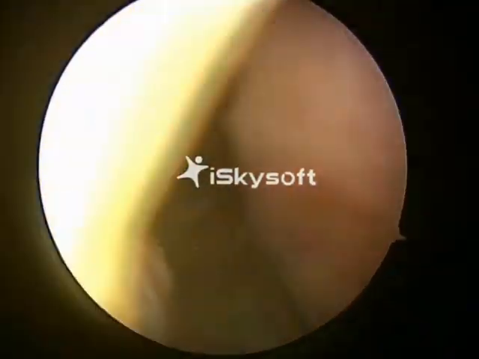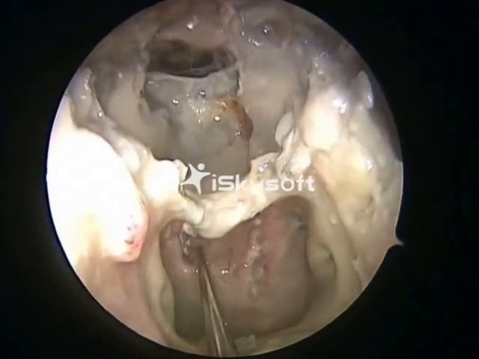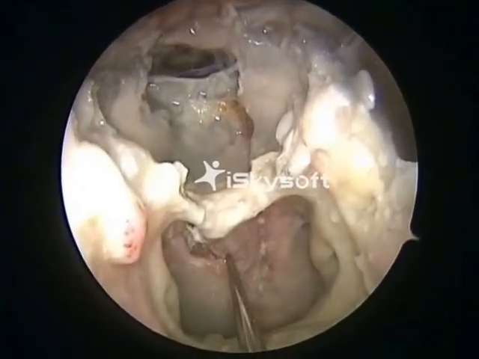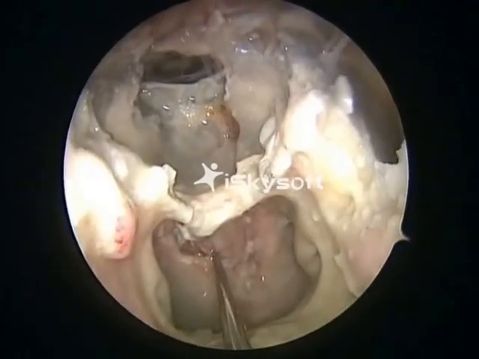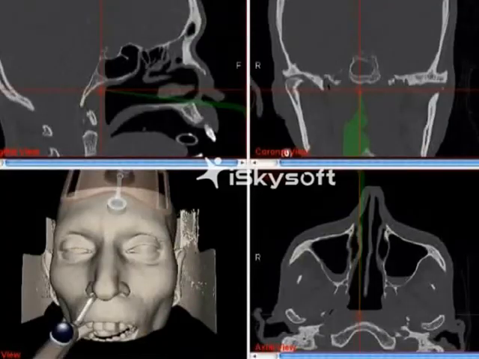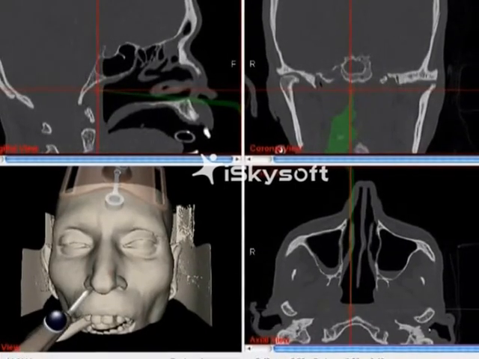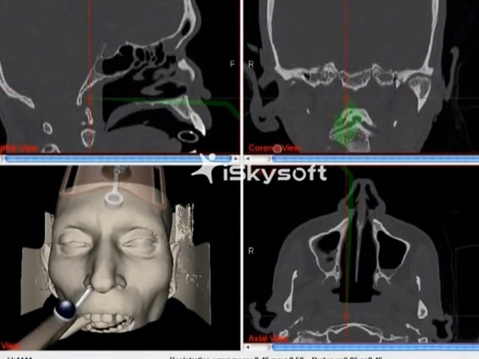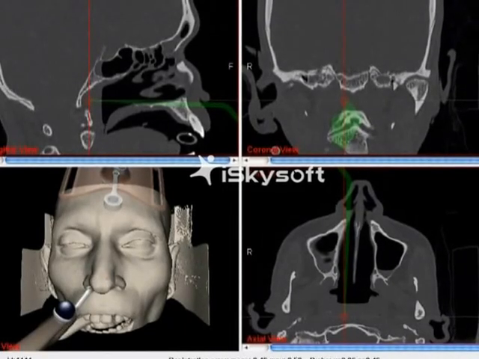The navigation equipment is extremely useful to delineate the lower limit of dissection and to determine where the foramen magnum lies. That's the navigation probe being used. And you can see that we are right on the clivus right now, and we are going down, still further low, and right on the foramen magnum now.